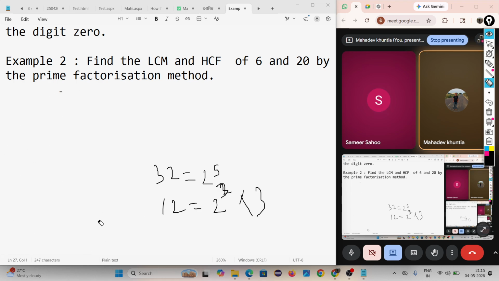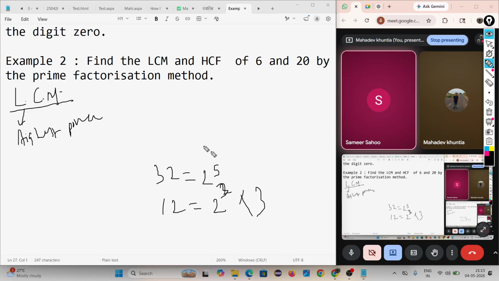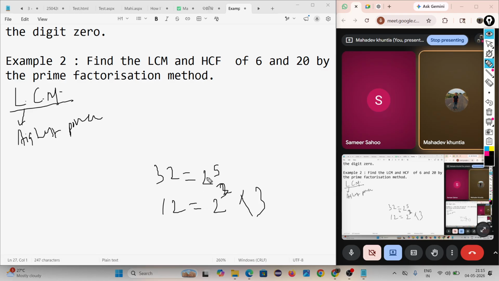Then after finding prime factorization, how to find LCM? Okay, LCM means lowest common multiple. But here you have to take the highest power. Okay, look here. First, 2 raised to the power 5 means base 2 is there. Here also base 2 is there.